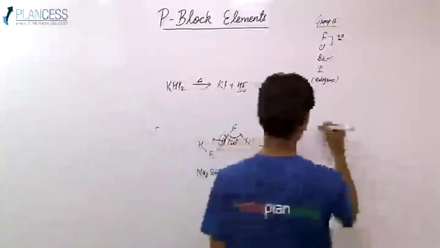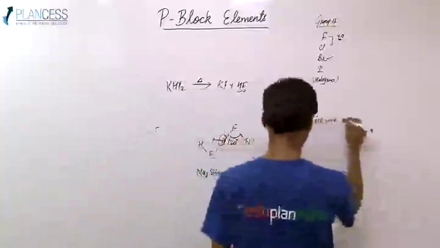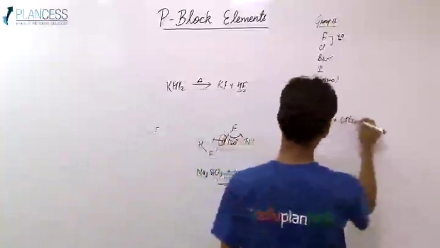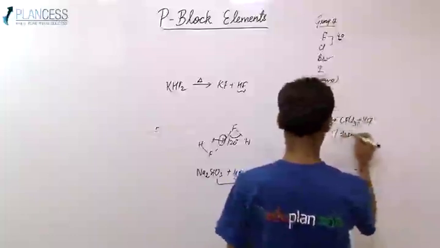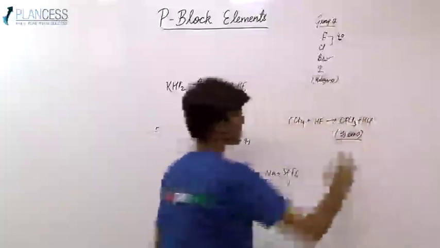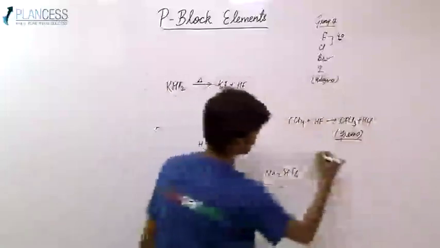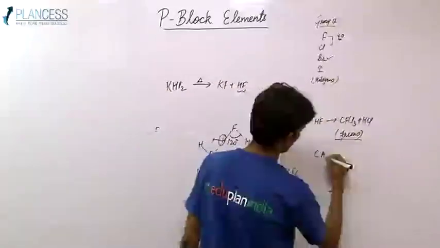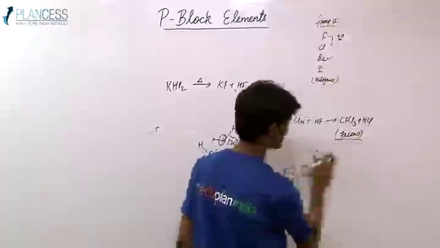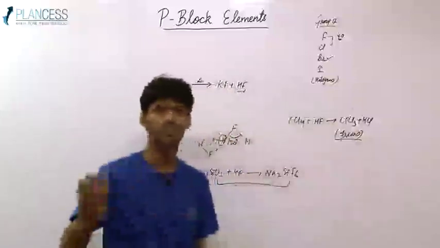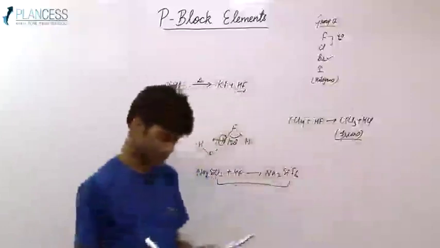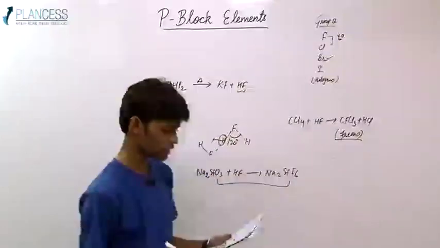So CCl4 plus HF reacts and forms CFCl3 plus HCl. These are known as freons, in which there is carbon and you can have FCl3 or F2Cl2 or F3Cl. This type of combination is known as the freons. So this was all about the acids.